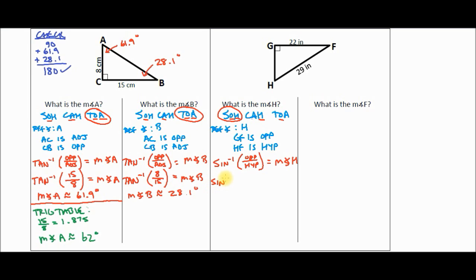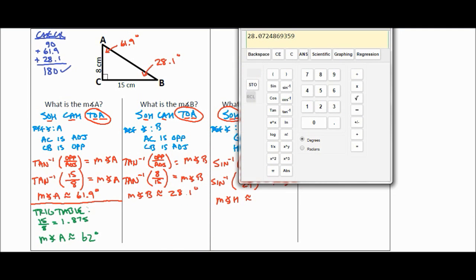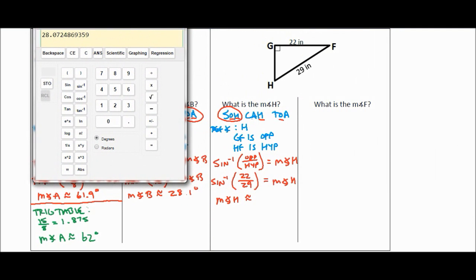Let's plug in the values. Inverse sine of opposite is GF, that's 22. Hypotenuse is HF, that's 29. That is equal to the measure of angle H. And that means the measure of angle H is going to be approximately, let's plug this into our calculator. I'll slide this over.